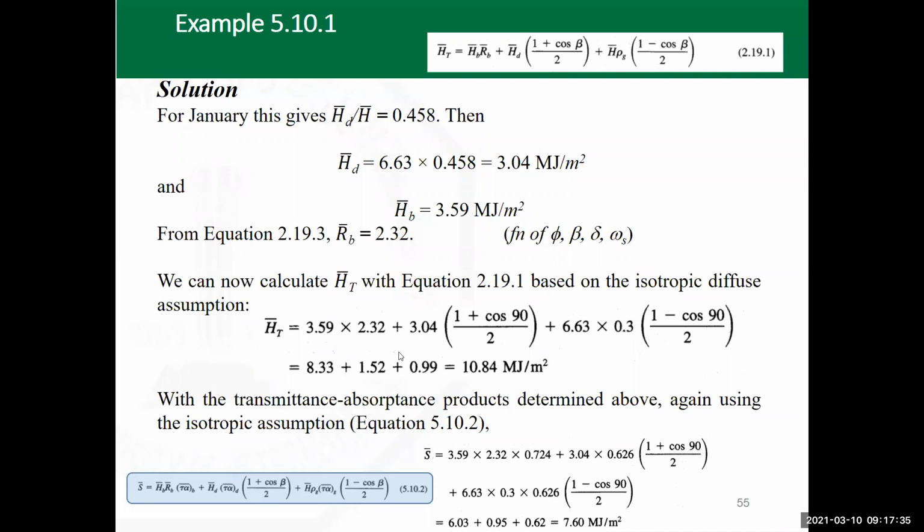Now, having these values, we can substitute into the expression of S, which is the energy absorbed by the surface. The expression of S is given by equation 5.10.2, and I put the equation here and put the calculations in front of it. Again, this is the beam component, this is the R beam, and this is the tau alpha value that we have calculated for the beam component. Then this is the diffuse component, again H diffuse into tau alpha for the diffuse component, into the shape factor.